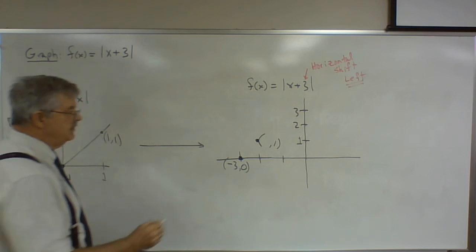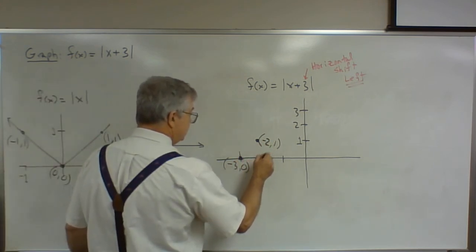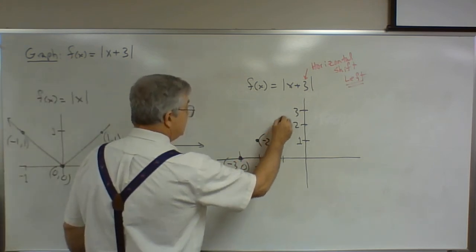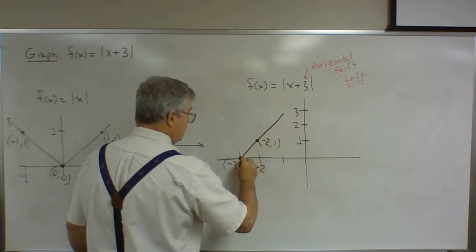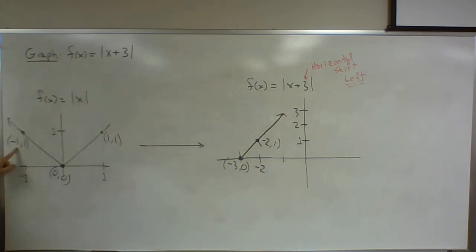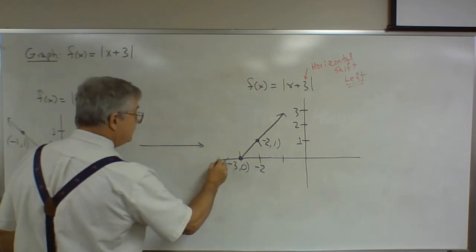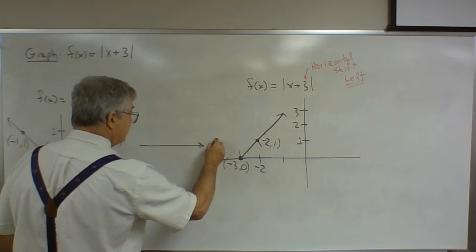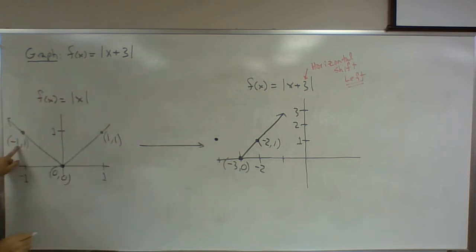That's going to be x equal negative 2. And this point, the y-coordinate's going to stay the same. But the x-coordinate, negative 1, is going to get moved 3 points to the left.